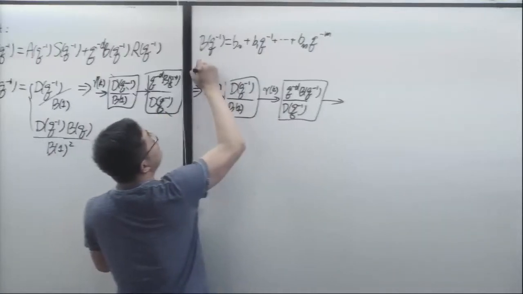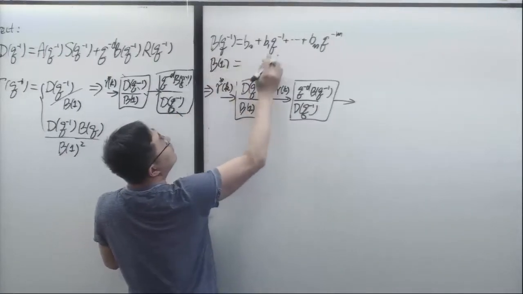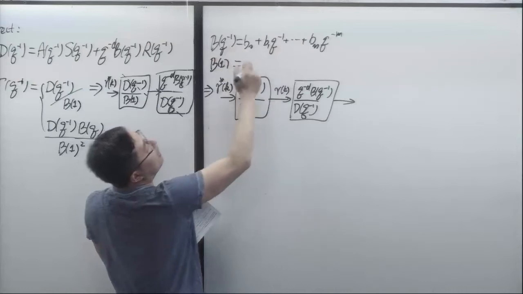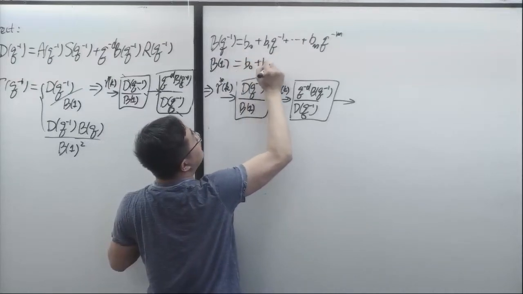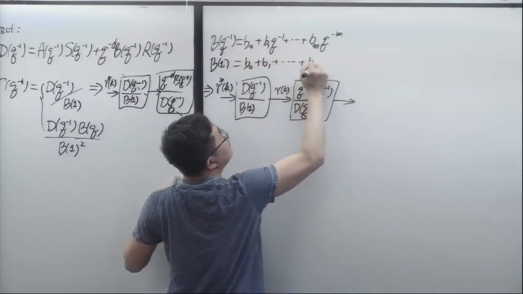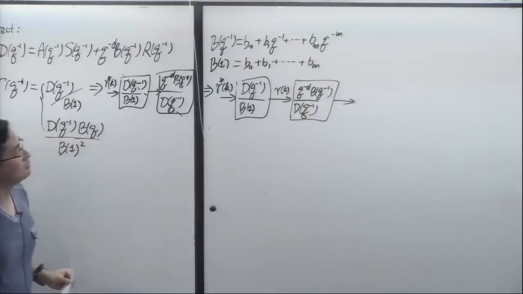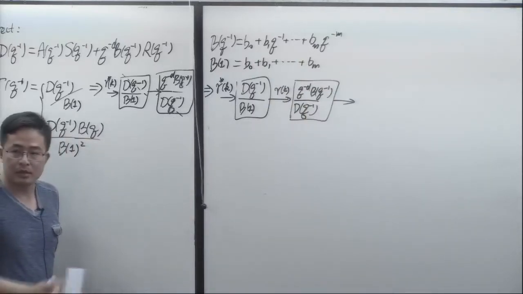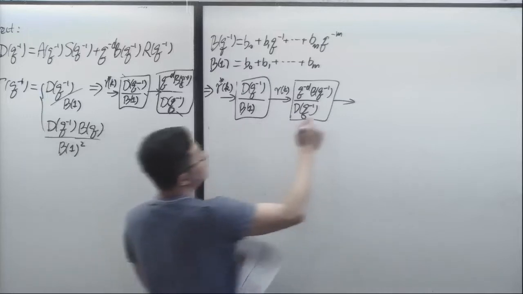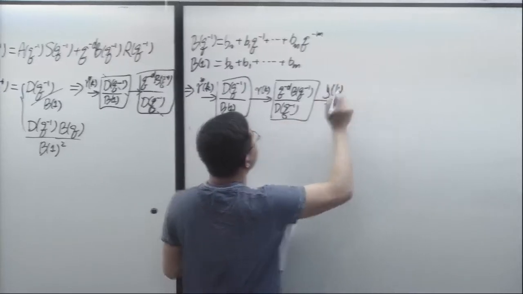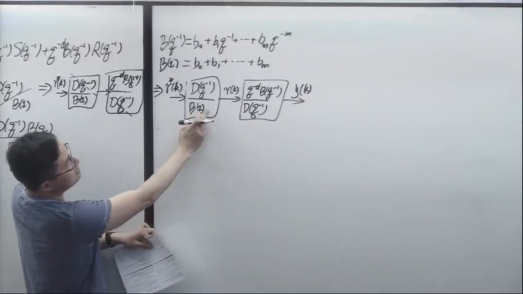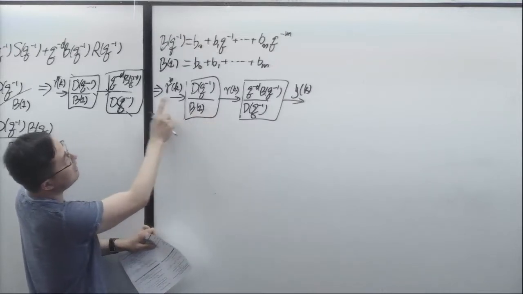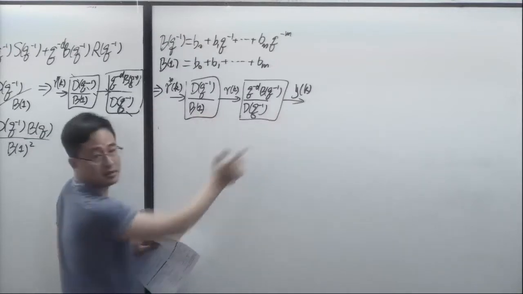So replace all the Q negative 1 with 1. So you get B0, B1, Bm. The purpose of doing this is to assure the DC gain from R star to Y is going to be 1.